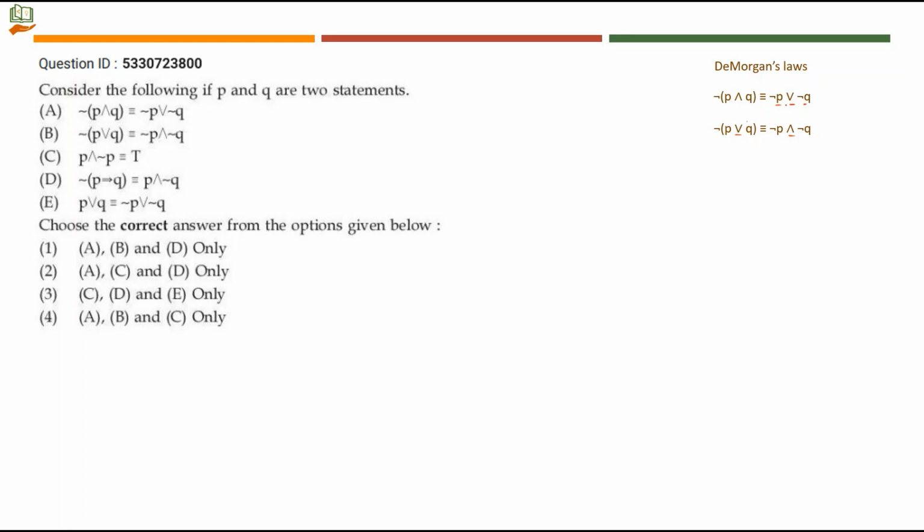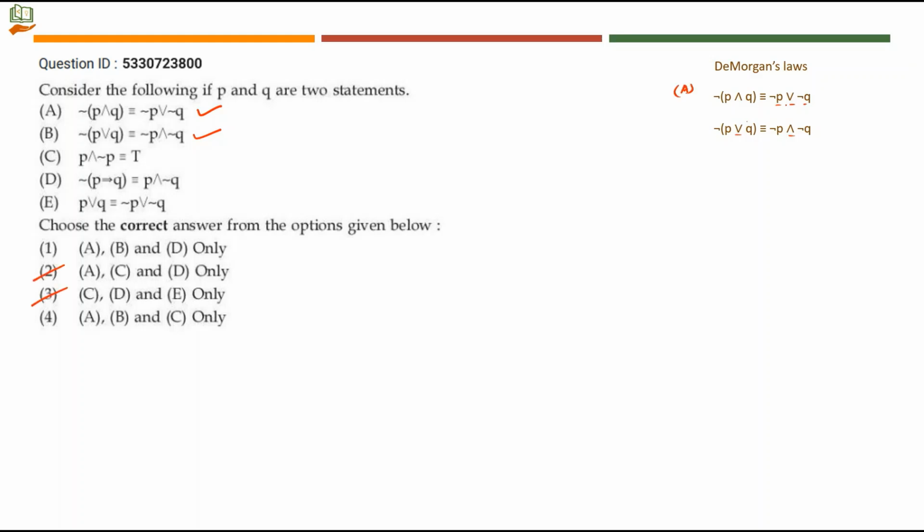These two laws are given exactly here. The first law, negation of (P and Q) is equal to negation of P or negation of Q, is perfectly right. Similarly, negation of (P or Q) is equal to negation of P and negation of Q is also right. A and B are definitely in the answer.